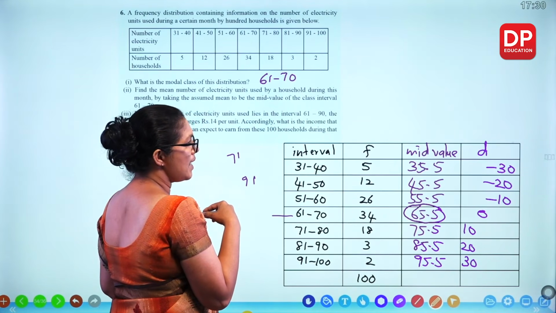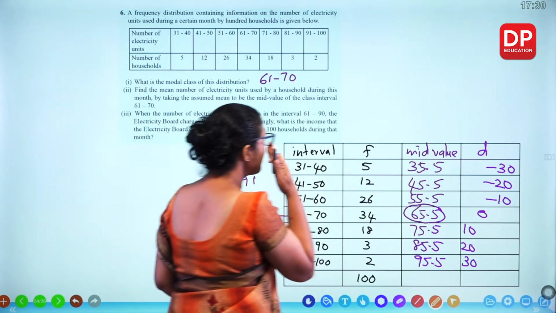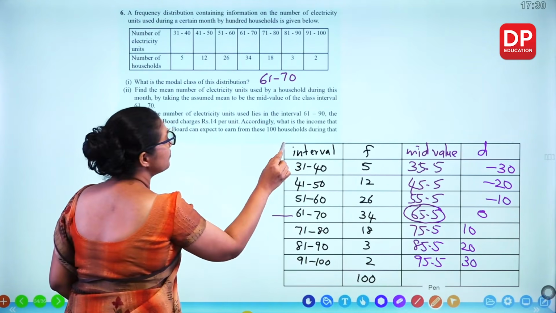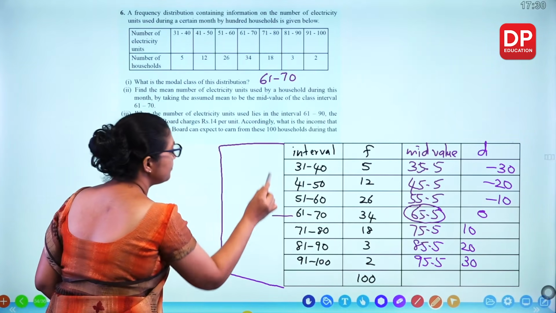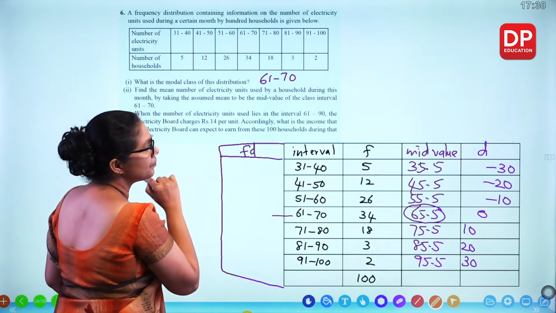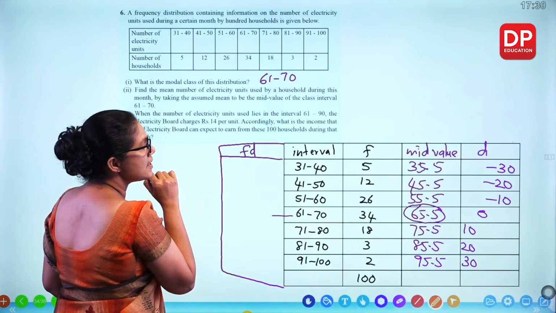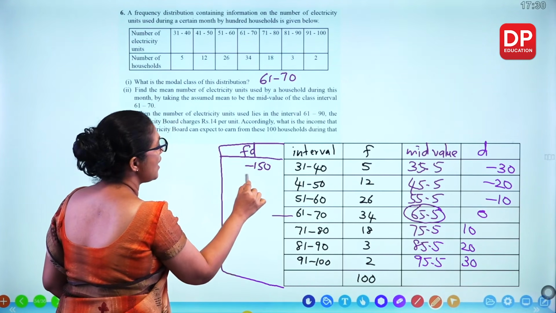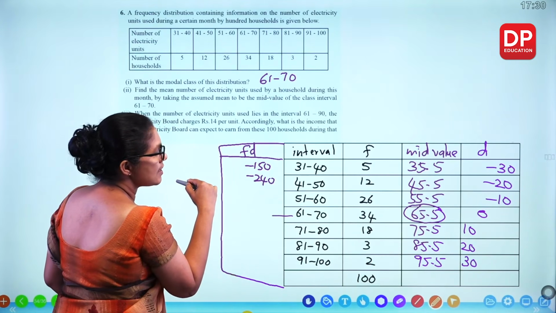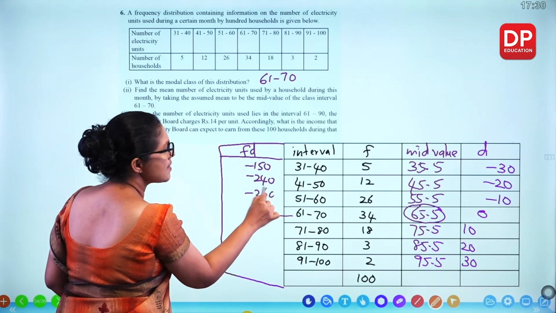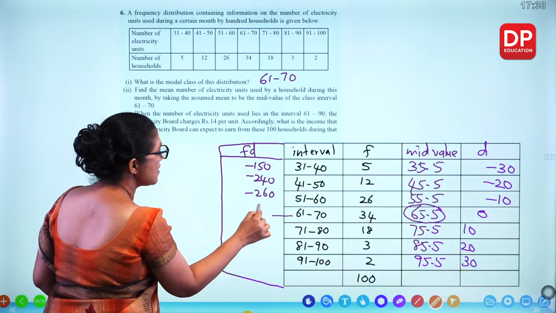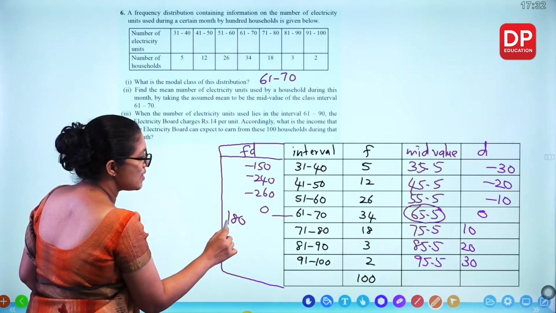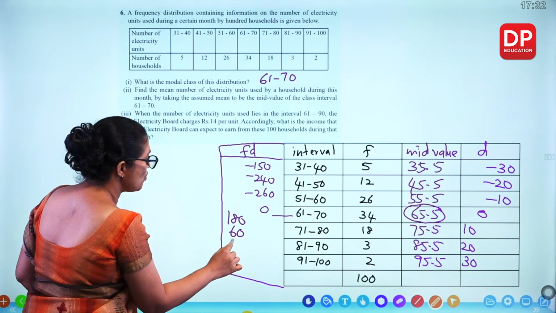Now multiply F and D. So I'll create the table here. I'll calculate FD this way. 30 times 5, minus 150. 20 times 12, minus 240. 10 times 26, minus 260. 0 times this, 0. 10 times 18, 180. 20 times 3, 60. 30 times 2, 60.